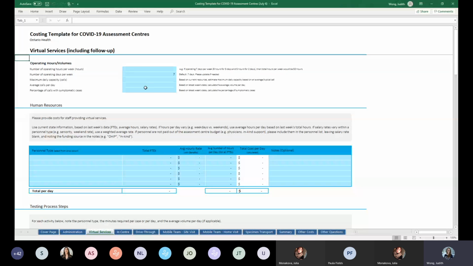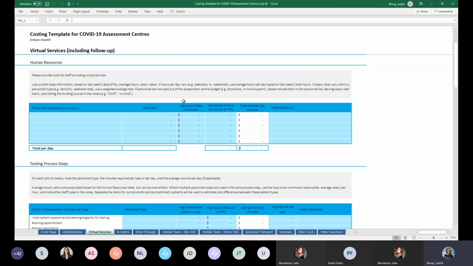Your maximum capacity, as well as your average, and these may well be different, and your percentage of symptomatic cases. All of these are your best estimate based on last week. We do not expect you to necessarily track the exact number of symptomatic versus asymptomatic cases that you've dealt with, but try to estimate that proportion for us here.